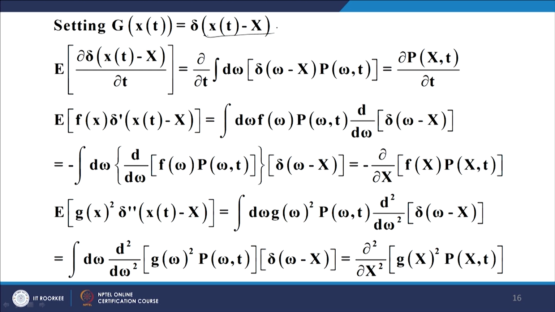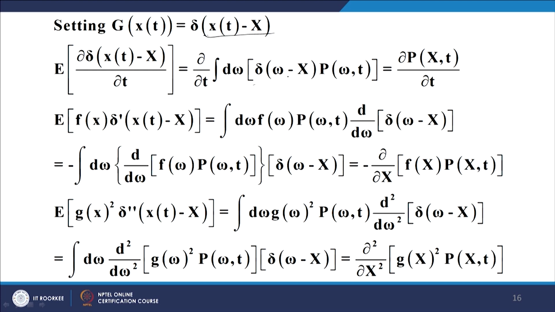So, when we do the integration of these various terms, remember what we are doing: we are substituting g x equal to delta x minus capital X. When we do the substitution here, this is simple. When we do the integration, this delta omega minus x will be replaced by small x, capital X. All the rest of the terms would be thrown out.